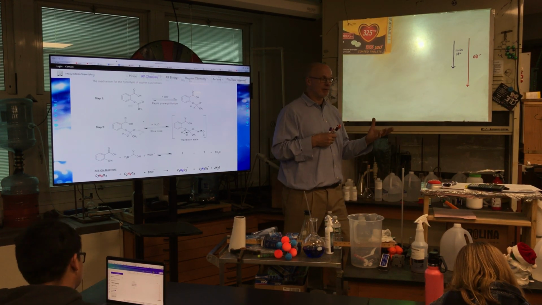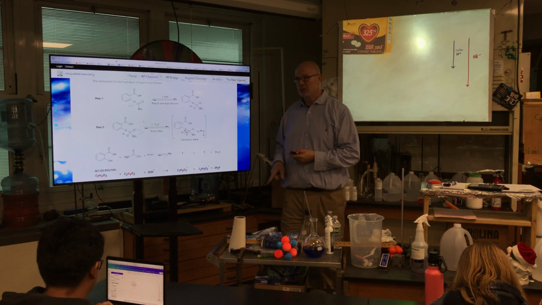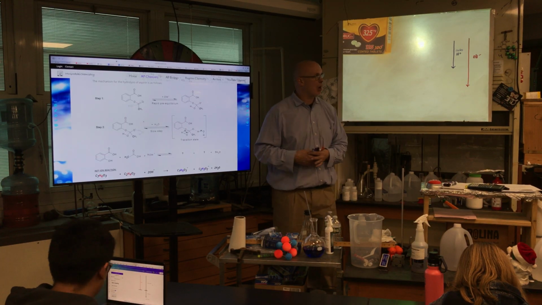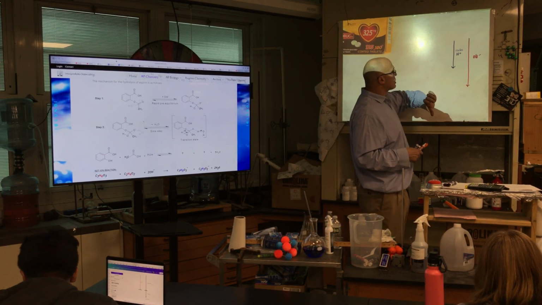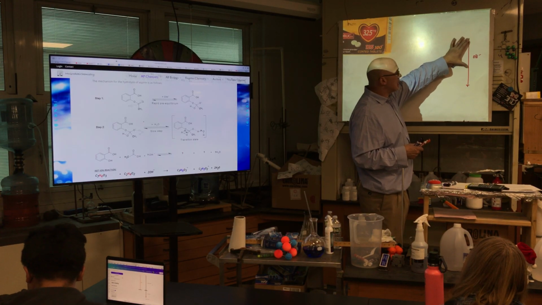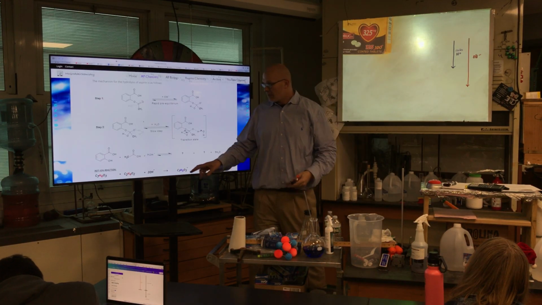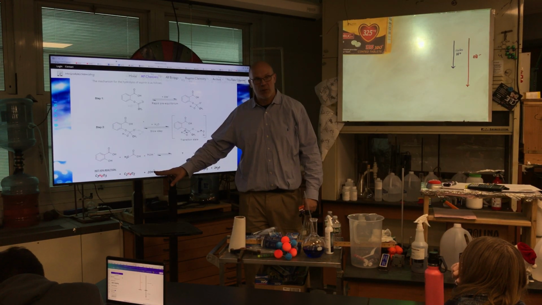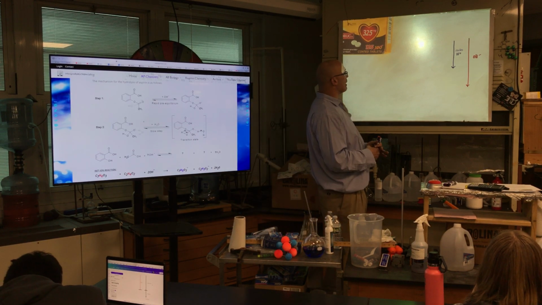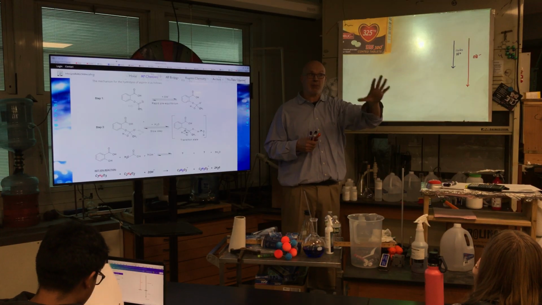Once we have that, because it takes 2 hydroxides, we can do stoichiometry. Once I know how much hydroxide is needed to neutralize my acid, I do stoichiometry to get moles of aspirin, then convert to grams and then milligrams, and divide by 2 because we're crushing 2 tablets. That should be clear.